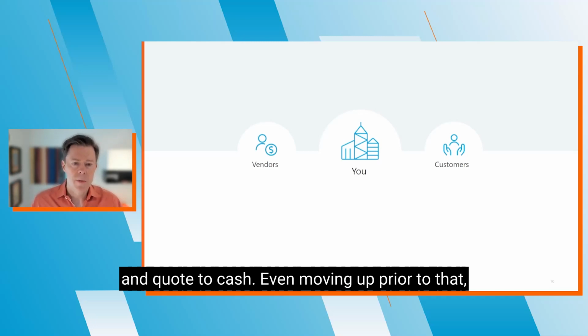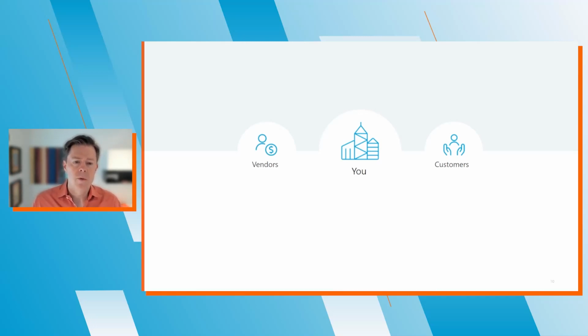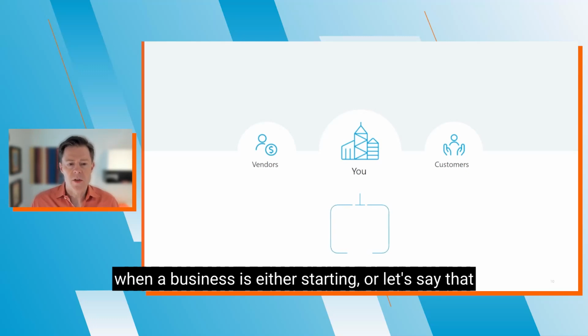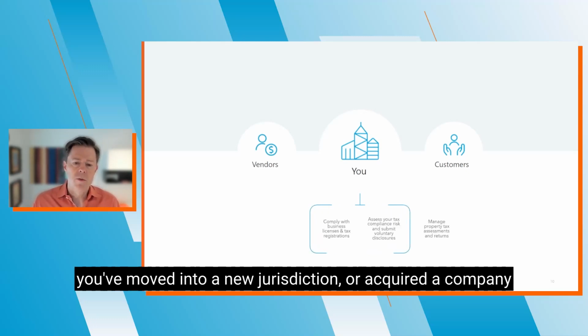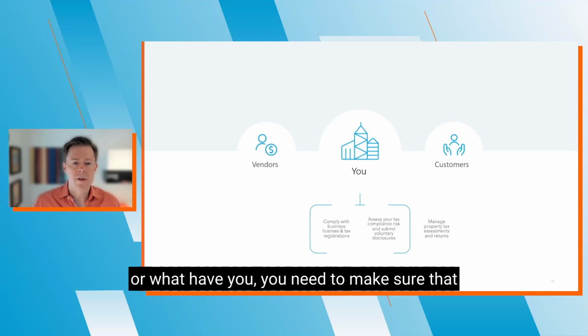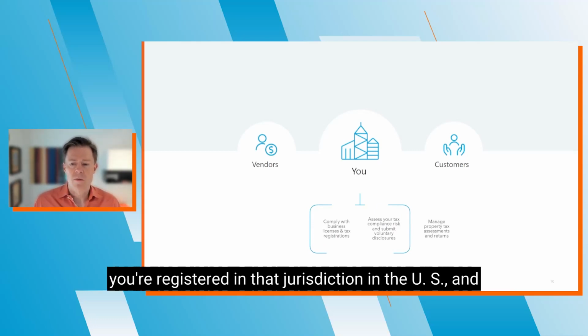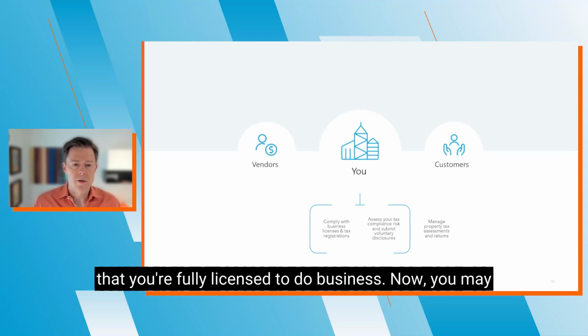And even moving up prior to that, when a business is either starting, or you've moved into a new jurisdiction, or acquired a company, you need to make sure that you're registered in that jurisdiction in the US, and that you're fully licensed to do business.